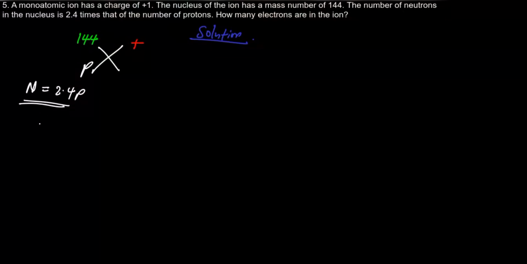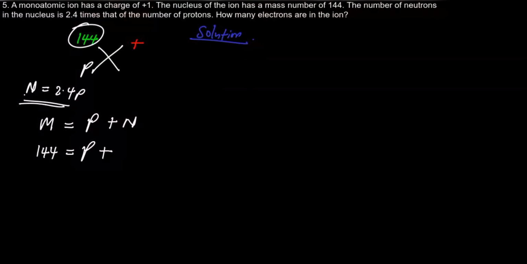Now, we all know that mass number is equal to number of protons plus number of neutrons. Let us substitute. What is our mass number? 144. What is the number of protons? I don't know. Plus, what is my number of neutrons?